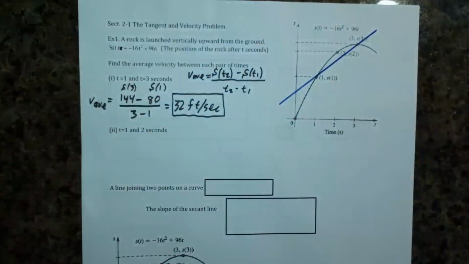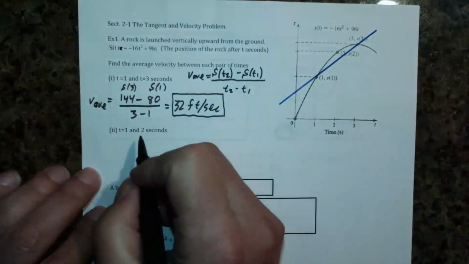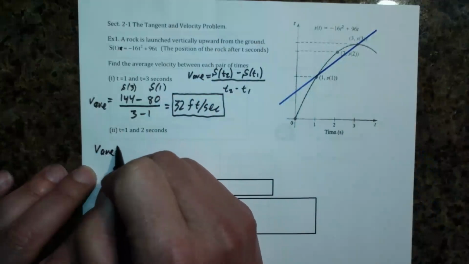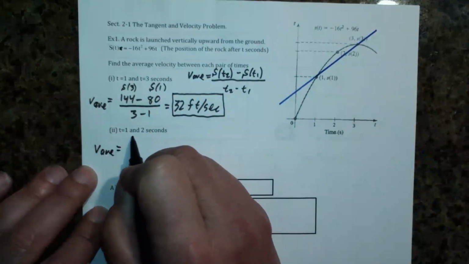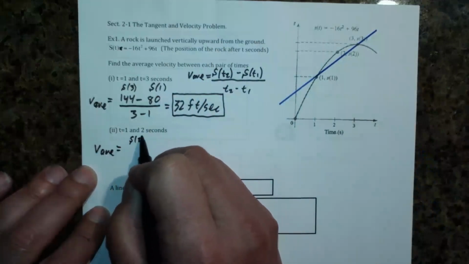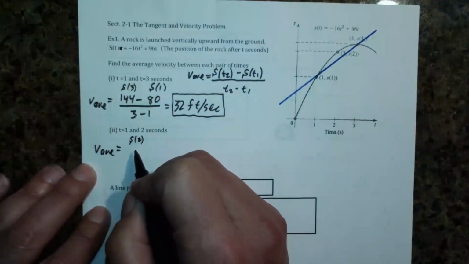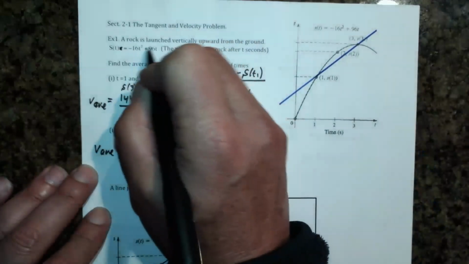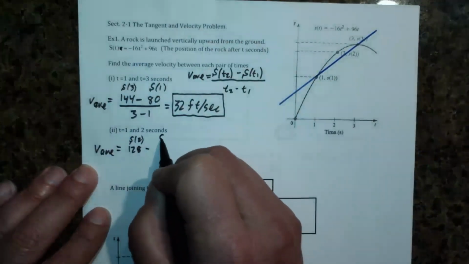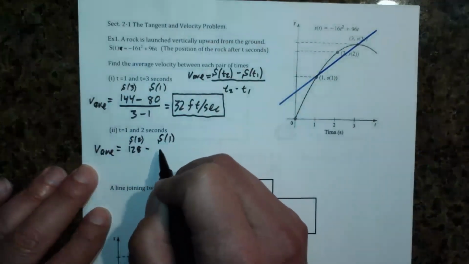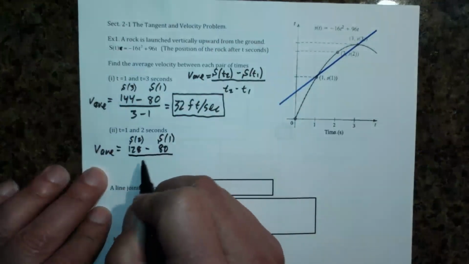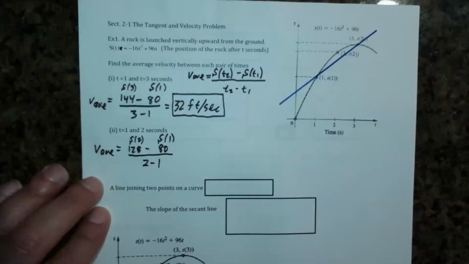We're going to do the same formula again, except this time we're going to do from 1 to 2 seconds. So the average velocity is going to be s of 2, which we calculated out to be 128 when I plug in a 2 into here and here, minus s sub 1. And s sub 1 we already know is 80 over 2 minus 1.